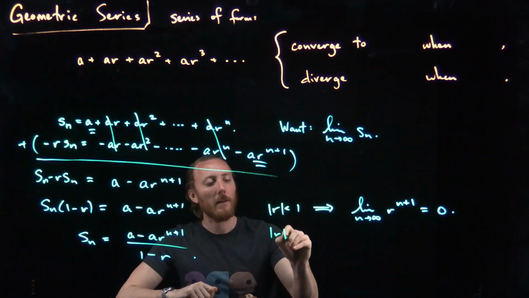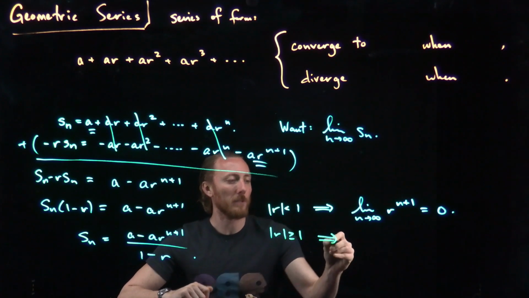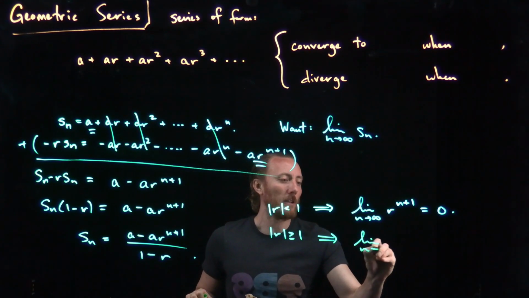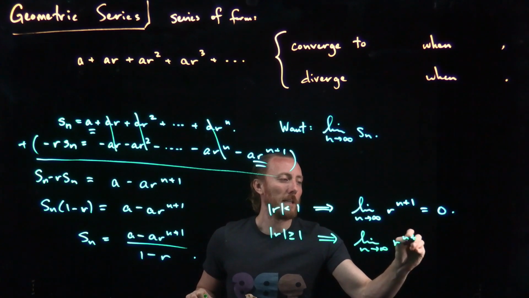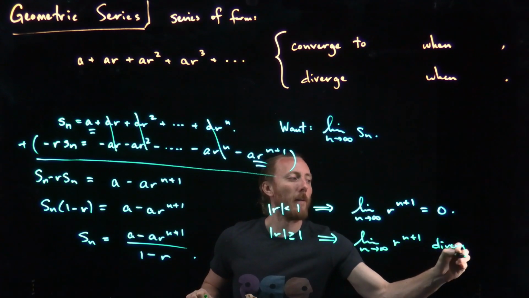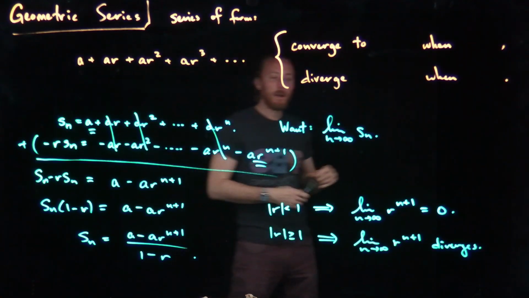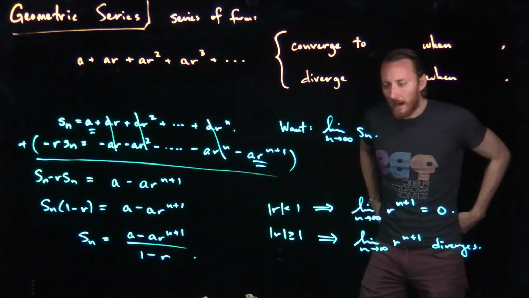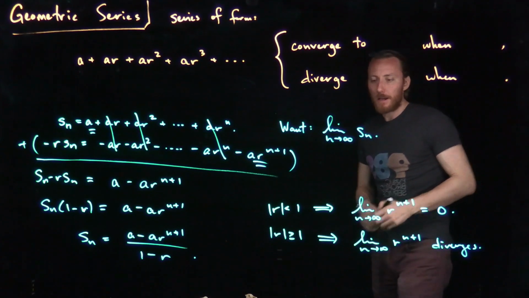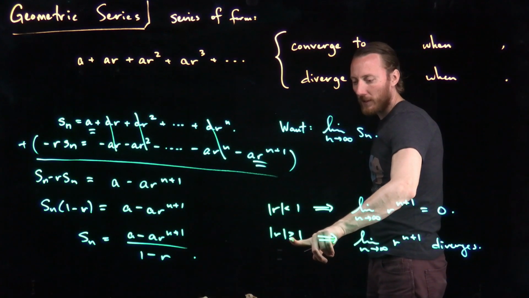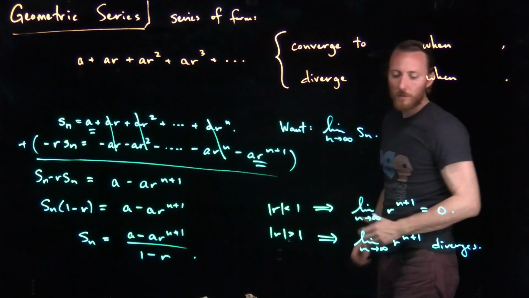On the other hand, if the absolute value of r was bigger than or equal to 1, the limit as n goes to infinity of r to the n plus 1 diverges. The idea here is take an r that's bigger than 1. Take a number that's larger than 1.